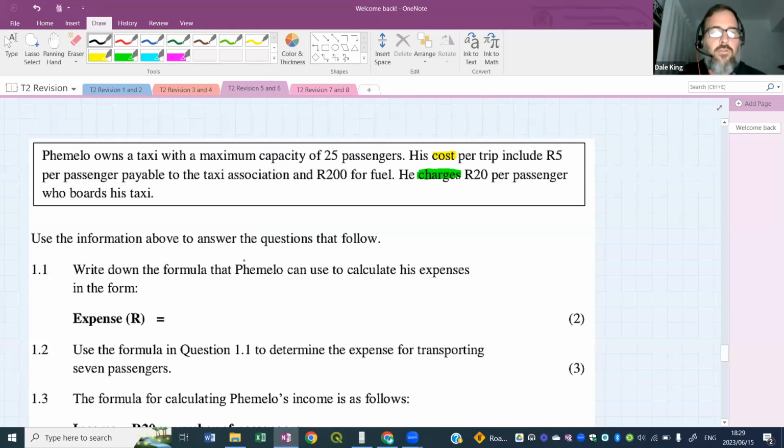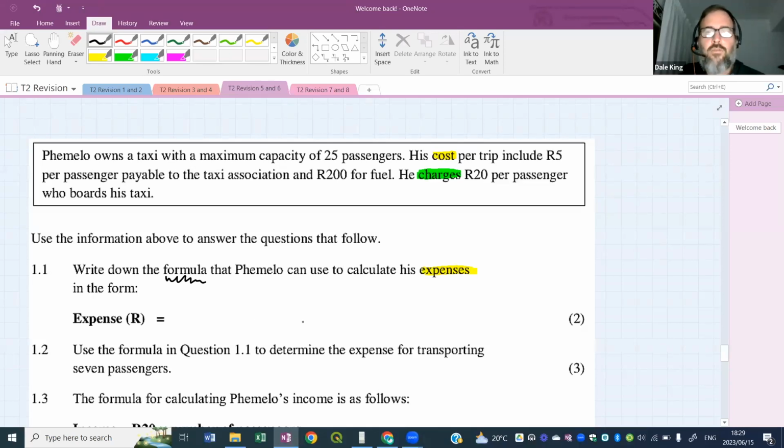Use the information above to answer the questions that follow. 1.1, write down the formula that Pamela can use to calculate his expenses, like his costs, money going out that he's paying out of his pocket. Write it in the form expenses, R for rands, equals something.